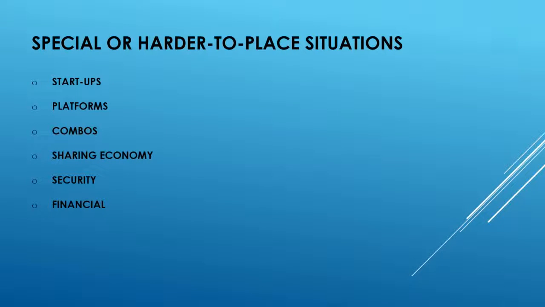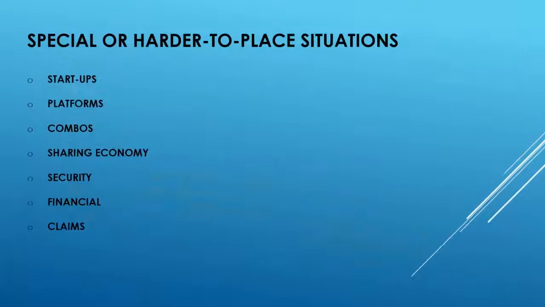All right, and then the final one, and that is probably apparent to everybody, claims. I guess if I've had a number of claims, I'm going to be hard to insure. Is that what you're saying? Exactly. Adverse claim experience always pushes an account into the harder than normal to place category, and it really depends on what the situation is.